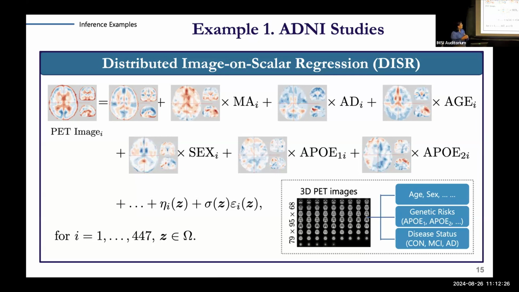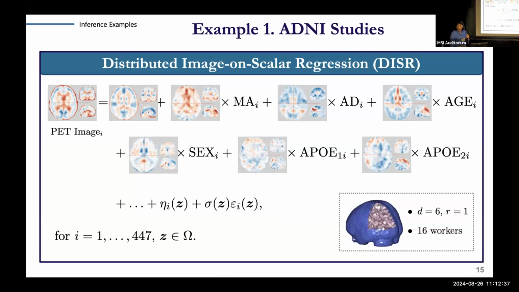Then we build a regression and look at the significant effect of those explanatory variables. For the computing, given the challenges, we use distributed learning based on 16 workers. And this is the triangulation we used to obtain the results.